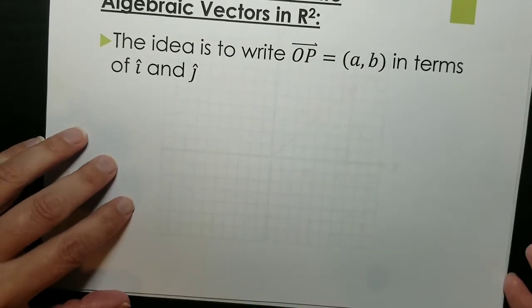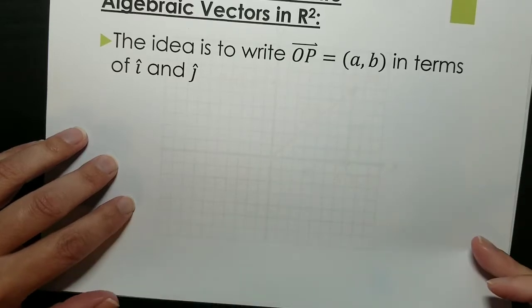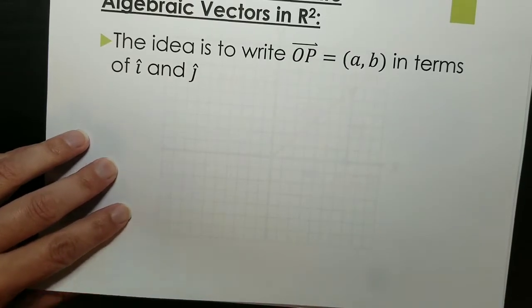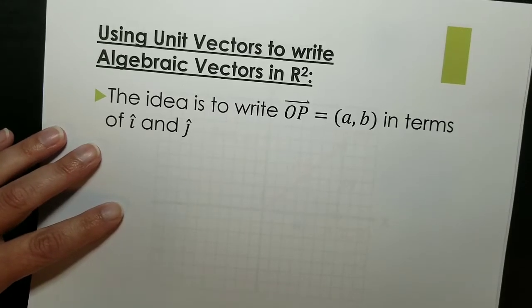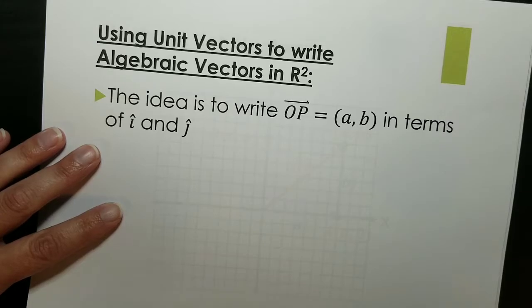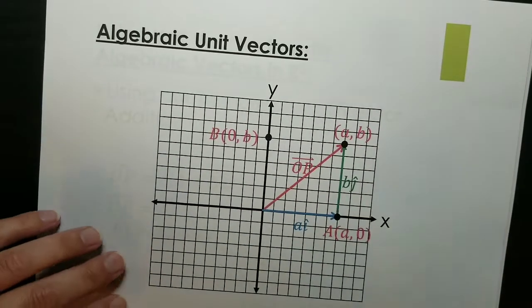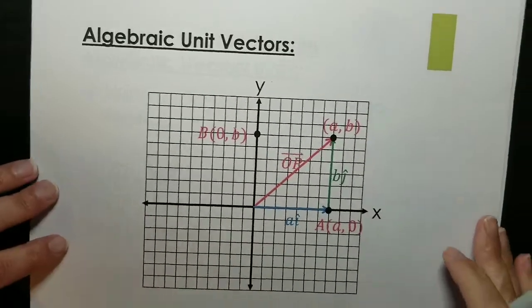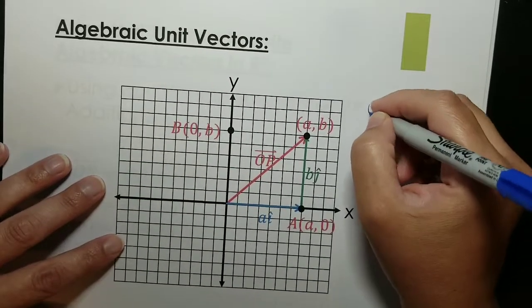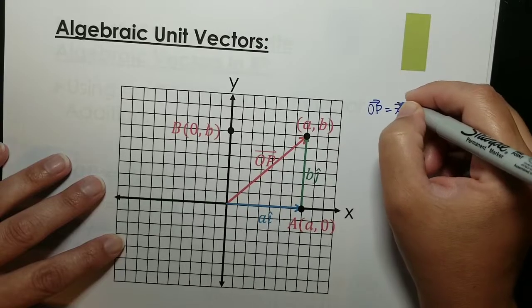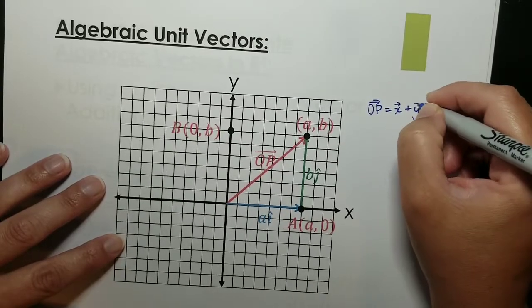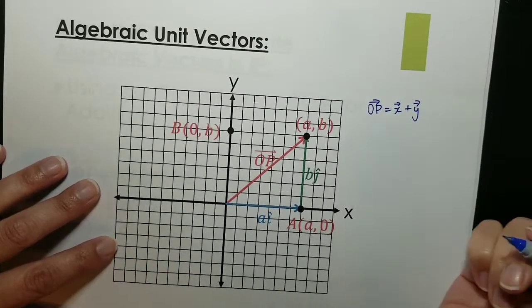So what we want to do is to write any vector OP in terms of these unit vectors i and j. So we're going to take writing the vector OP in terms of our x and y we started with in the previous diagram. So if we have OP, we talked about that was some component in the x direction plus some component in the y direction.